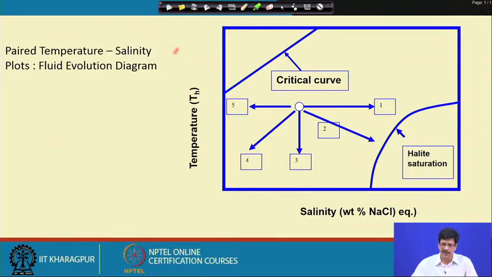Before interpreting this diagram, we also know that these temperatures of homogenization are not corrected for pressure, because we did not have any other independent parameter available with us.